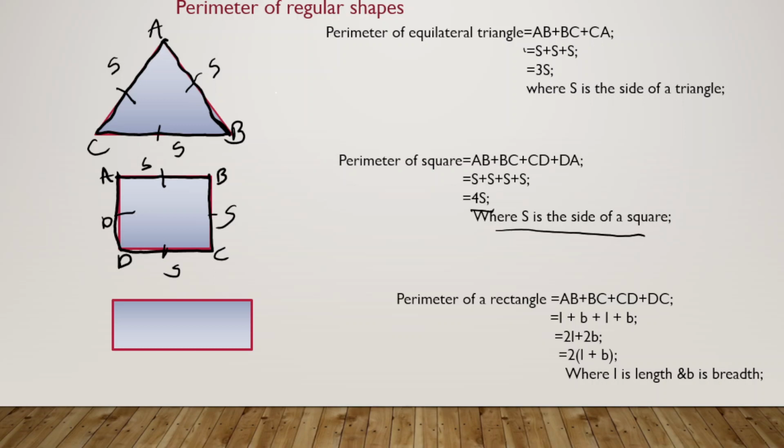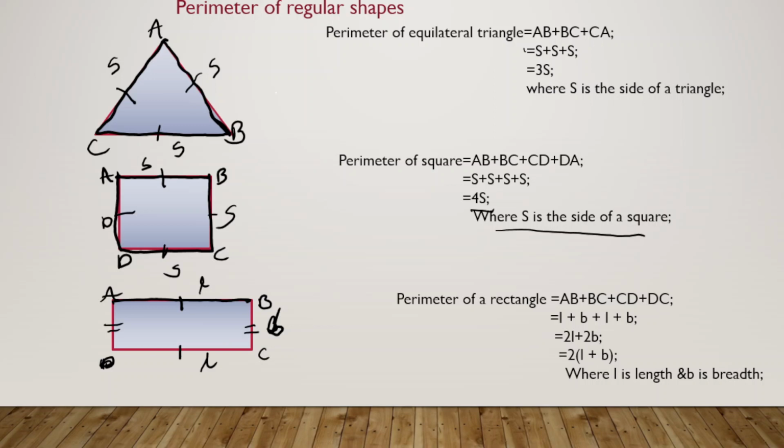To find out the perimeter of a rectangle, you know that in a rectangle opposite sides are equal. AB and DC are equal, and AD and BC are equal. Let's assume AB as length L and BC as breadth B. The perimeter is the distance covered along all the boundaries of a closed figure.